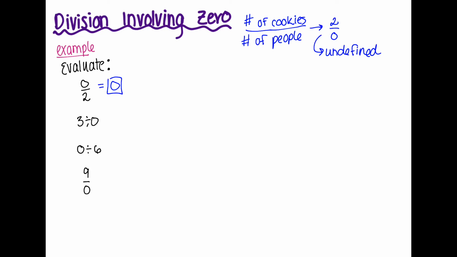This topic in Alex is going to have you just answering whether something is 0 or whether it's undefined. They're going to look a little bit like this example I have written down below. Now, this one right here, 9 divided by 0, if you think about our situation up here, it's easy to see that that's going to be an undefined situation.